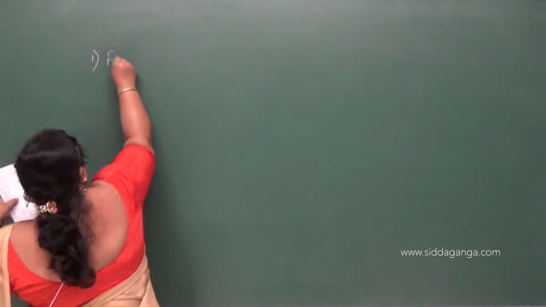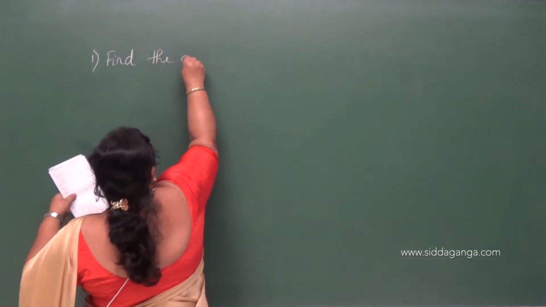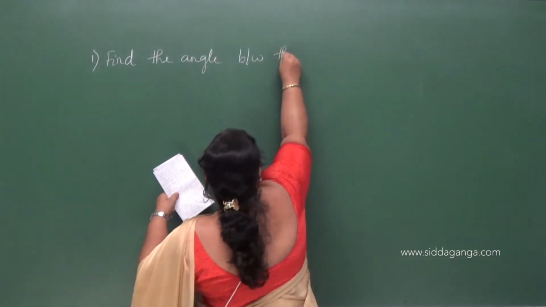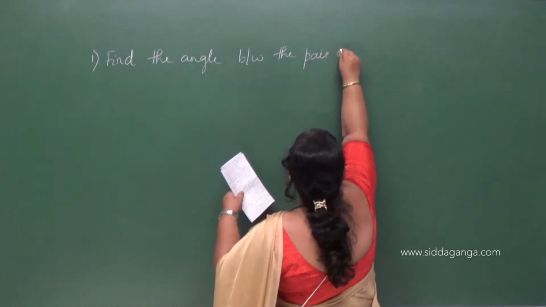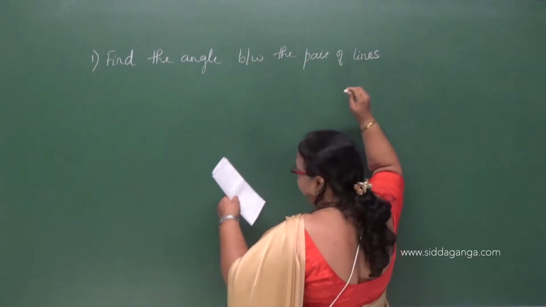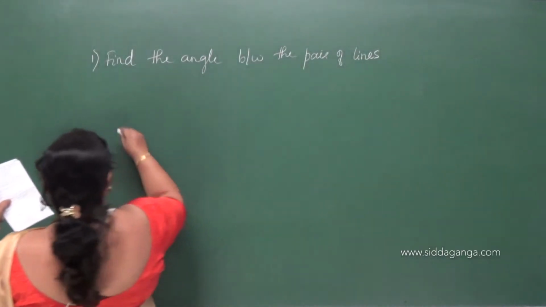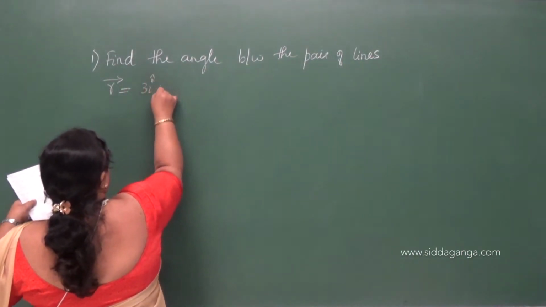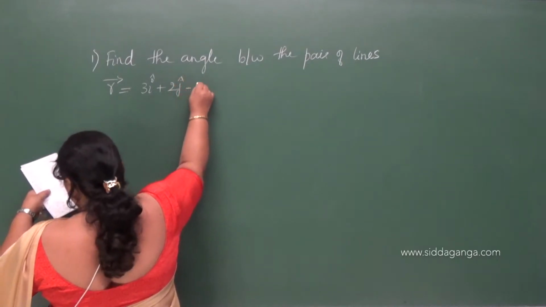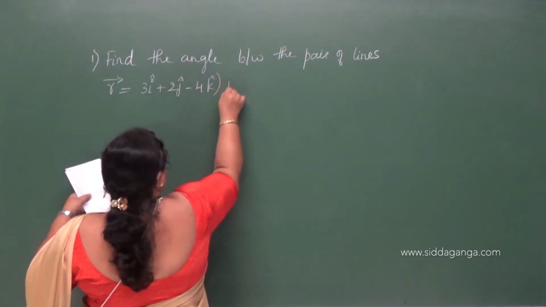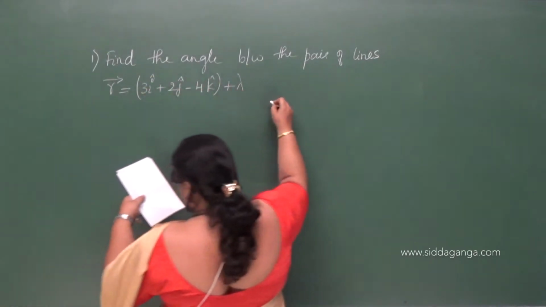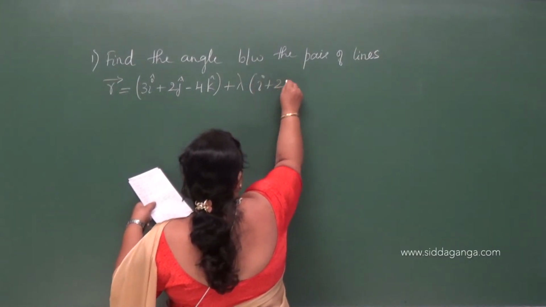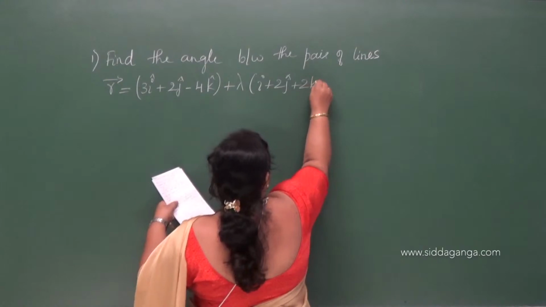First example here: find the angle between the pair of lines, vector r equal to 3i plus 2j minus 4k, plus lambda times, so that is i plus 2j plus 2k.